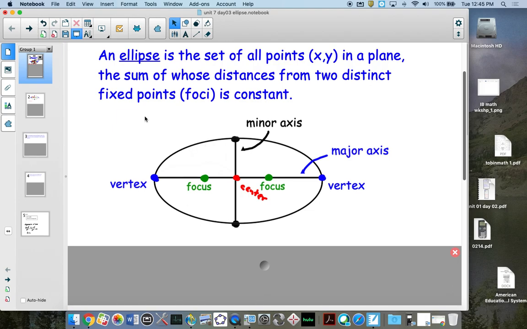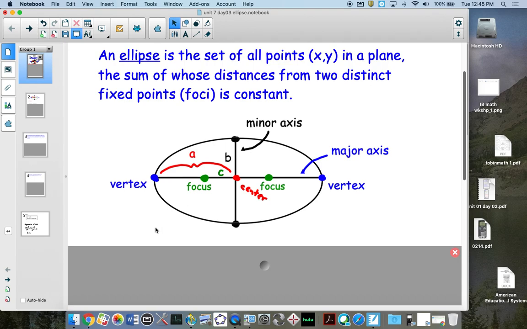Now we also have some measurements that are important. So the distance from the center to a vertex, that's always going to be referred to as A. So from the center over to the other vertex, that also has a length of A. The distance from the center to one of the endpoints of the minor axis, we're going to call B. And to the other end of the minor axis, that would also be B. And then finally, the distance from the center to either focus, we're going to call C. So A, B, and C will always refer to those specific measurements for any ellipse.